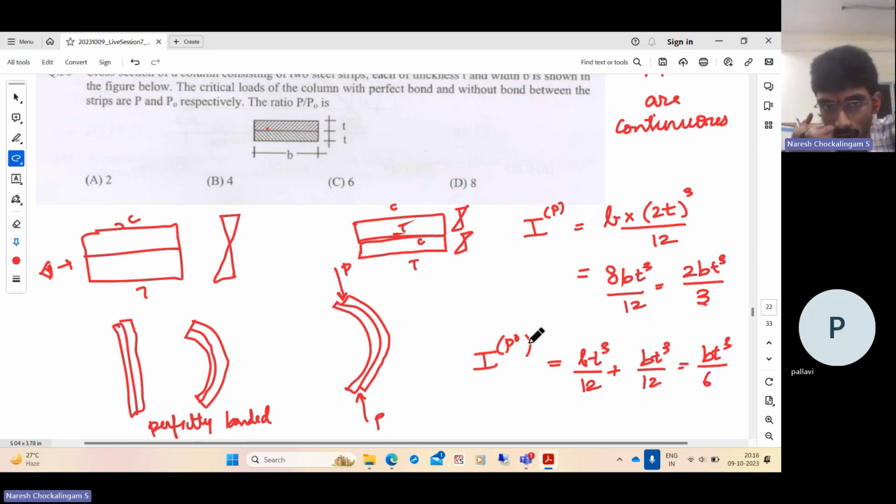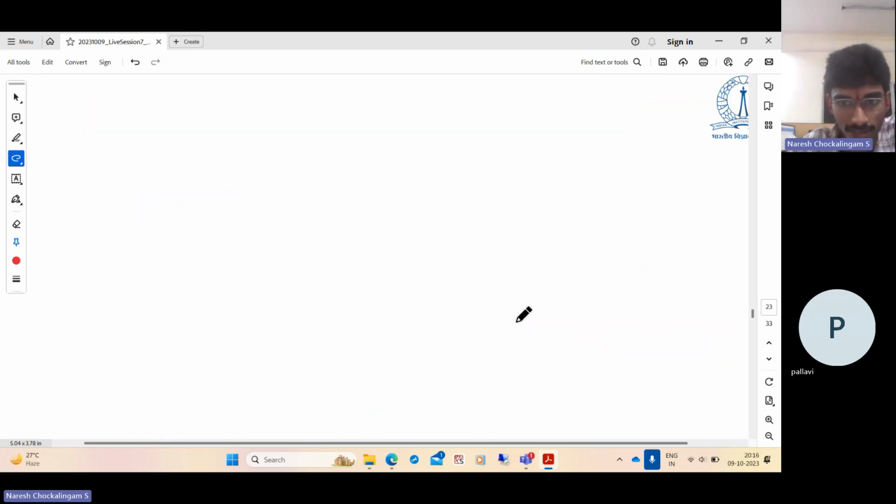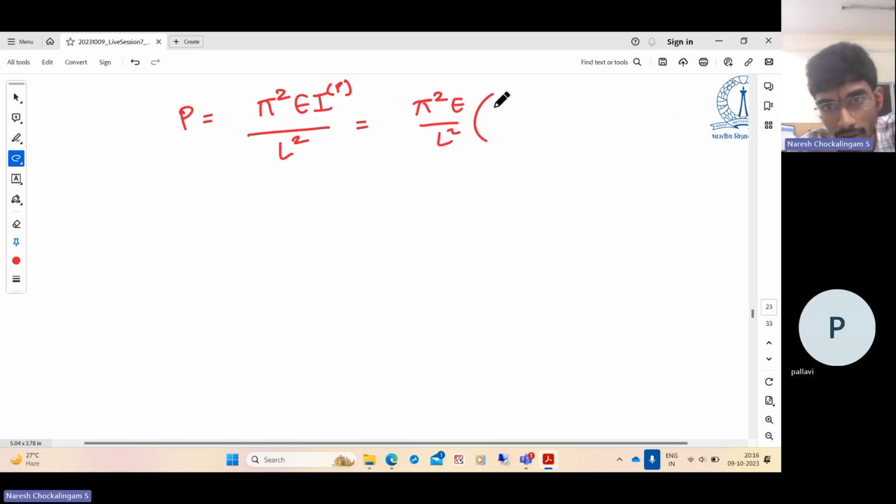Now the critical loads of the column with perfect bond and without a bond are P and P naught respectively. So next it is easy. P is equal to pi square E I, where it is perfectly bonded, by L square. So here it is pi square E by L square into 2b t cube by 3. And what is P naught?